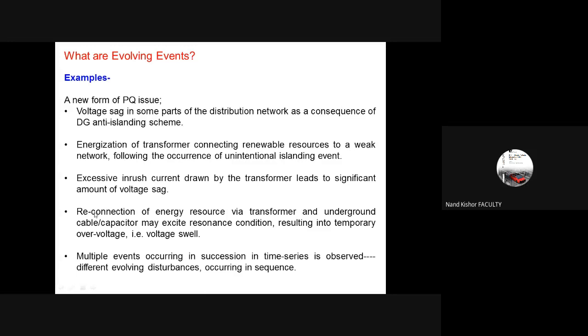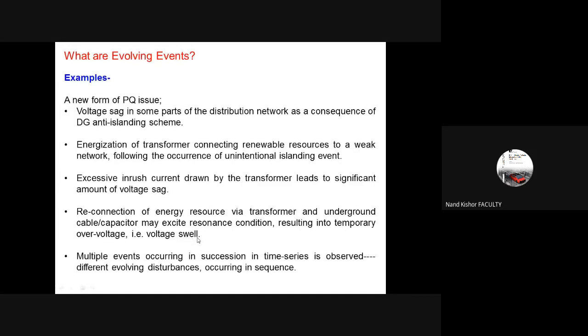Another example: let's say you reconnect an energy source, a renewable resource, via a transformer, and then you also have an underground cable or maybe a capacitor. That may cause a resonance condition, because of which you may have an overvoltage, but again it will be a temporary overvoltage.